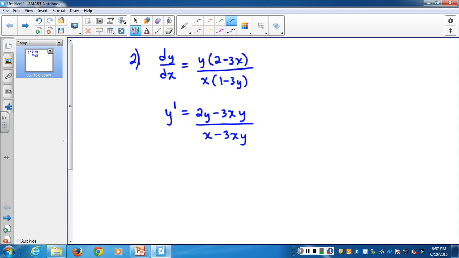If I cross multiply now, I've got x minus 3xy times my y prime, and then I've got 2y minus 3xy on the right side. Now, when you're looking at linear or nonlinear, all of that is the coefficient of your y prime.